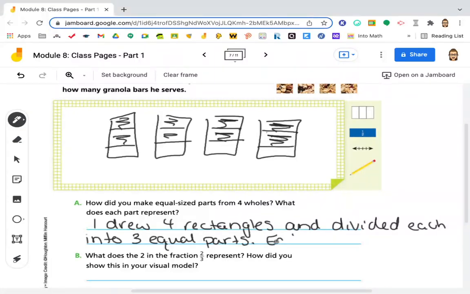Each part represents 1/3 of the granola bar.